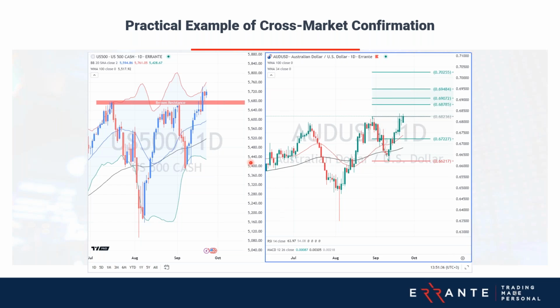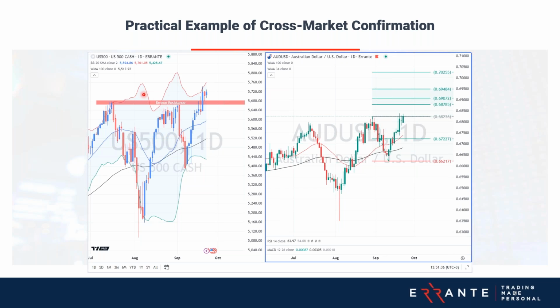So let's take a look at the trend and the other features of the US 500 index here. You see, the US 500 index is in an uptrend, having recently broken above a key resistance level, now labeled as a broken resistance.